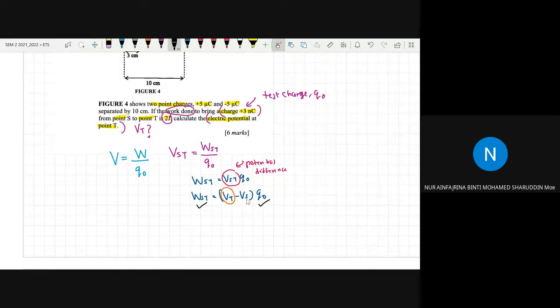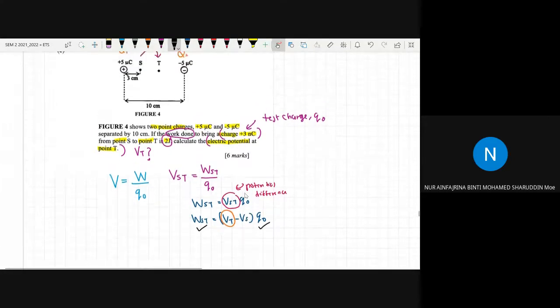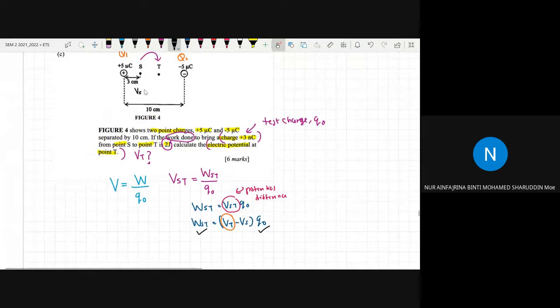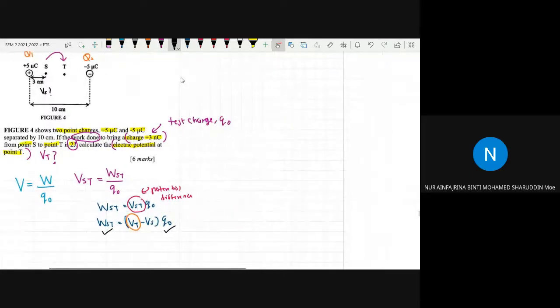Tetapi kita tahu tak kita punya electric potential dekat point S? Do we know our electric potential at point S? Tak kan? Tak. Jadi kita tak tahu electric potential dekat point S. So macam mana kita nak cari electric potential dekat point S?